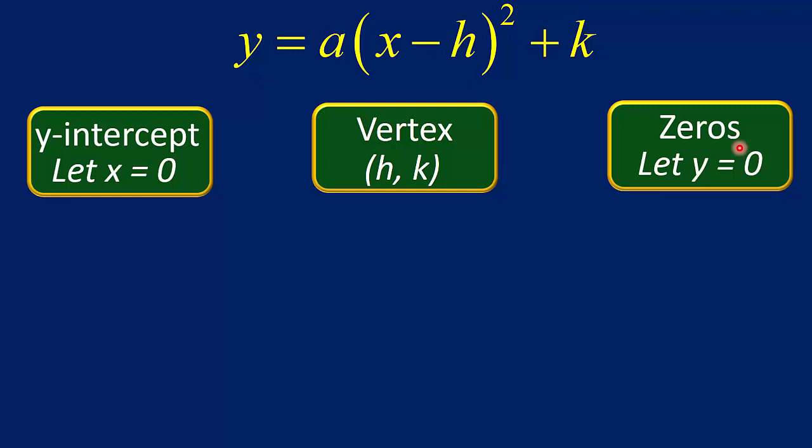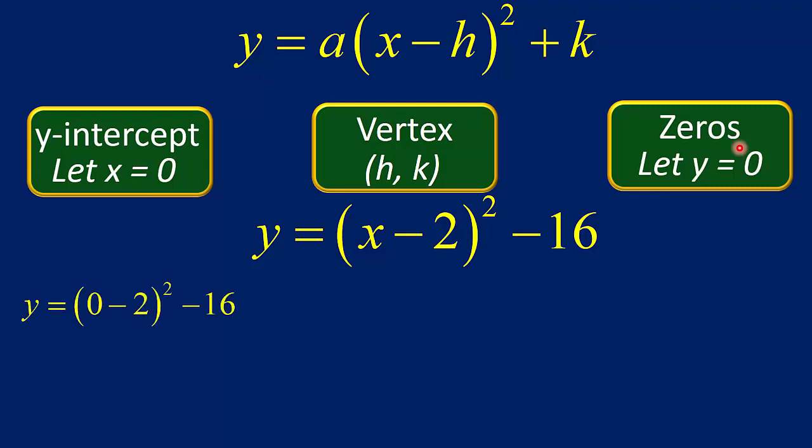Now, let's look at an example here. Let's suppose we've got this one. Here we have a shift horizontally to the right 2 and a vertical shift down 16. If we want to find the y-intercept, we just replace the x with 0. Going through the arithmetic there, we get that the graph crosses the y-axis at 0, -12.